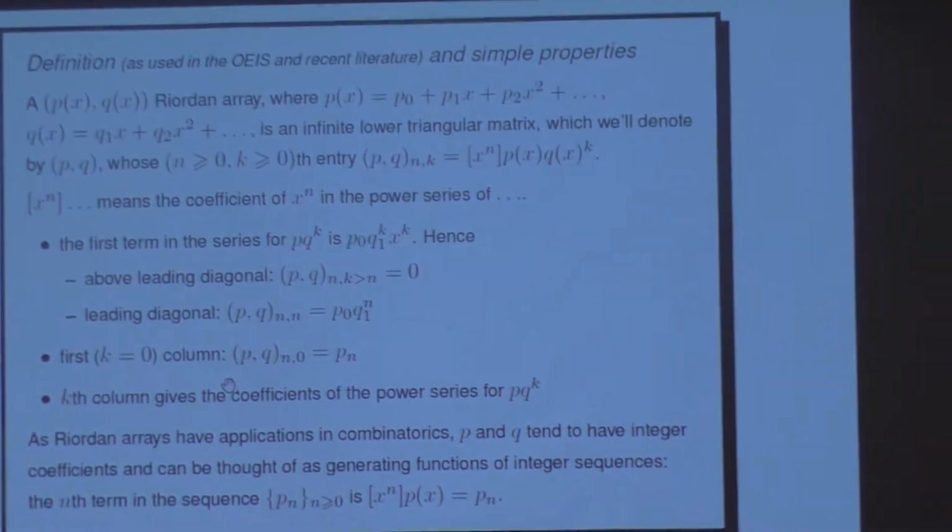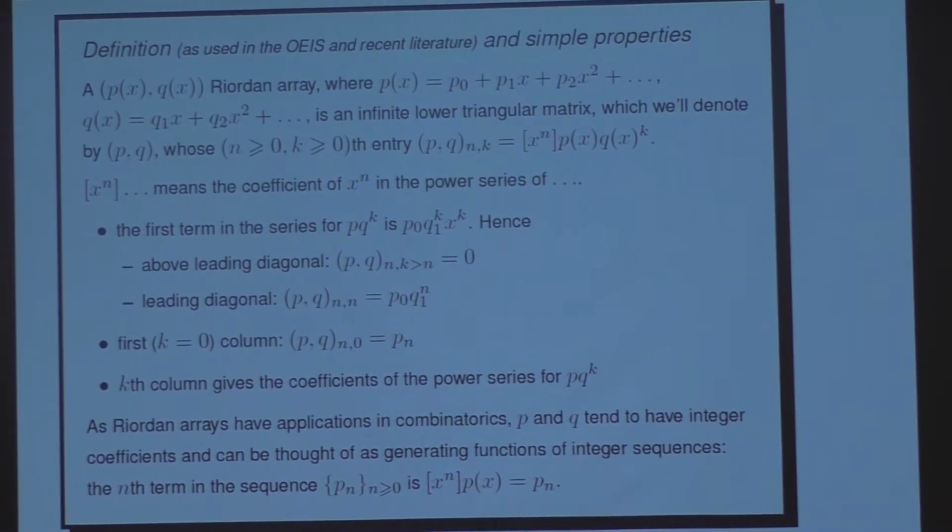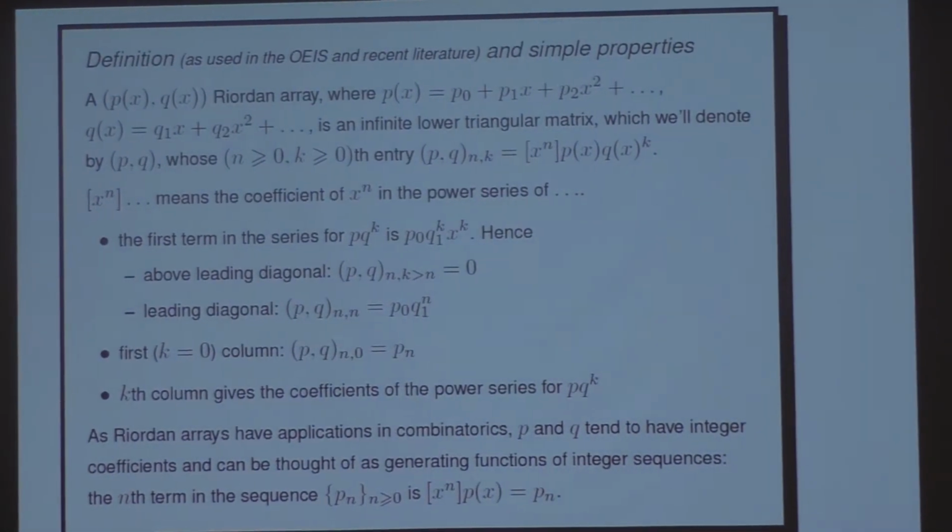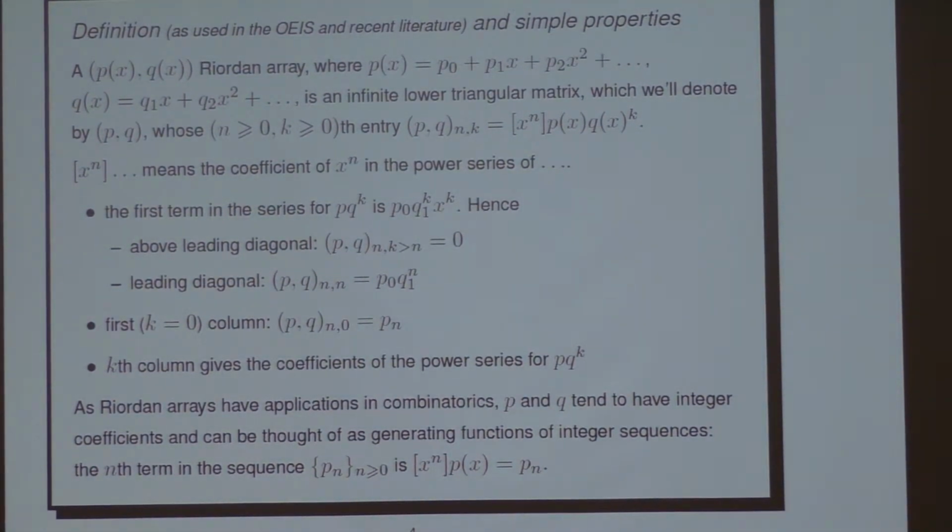Is there any way to recognize the given matrix? That's what I'm wondering myself. Basically, it will be a Riordan array if there's an A sequence. So if you can write a lower row in terms of the row above by adding in that specific way, then it will be a Riordan array.